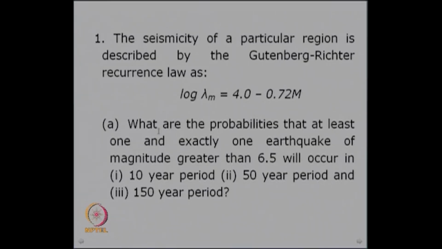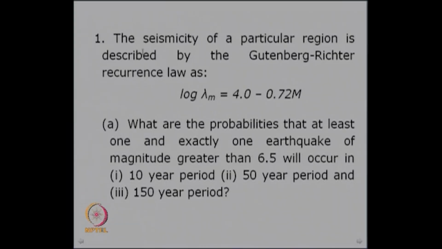So, what are the questions asked based on this? It is asked what are the probabilities that at least one, that is one question, and exactly one earthquake of magnitude greater than 6.5, m greater than 6.5, will occur in 3 time scales given: 10-year period, 50-year period and 150-year period.